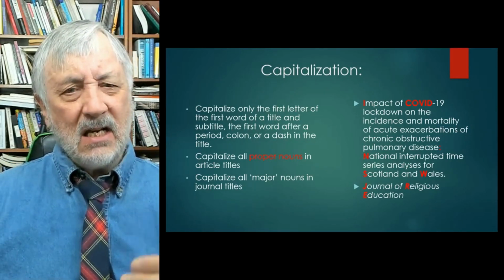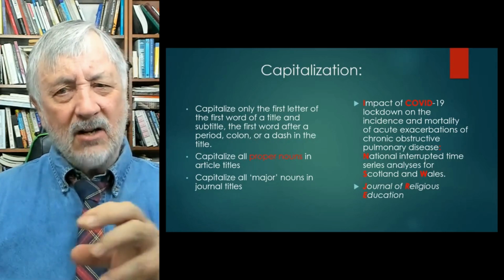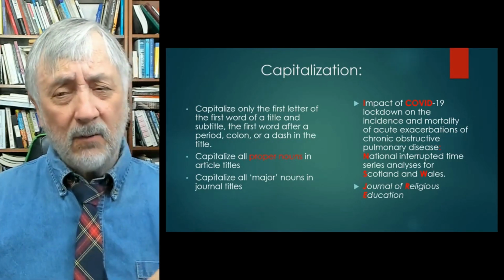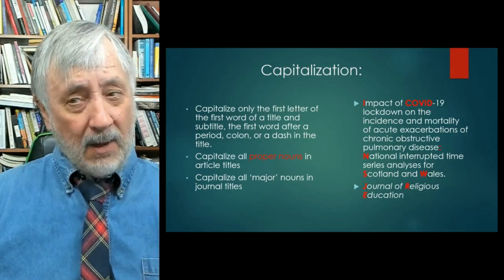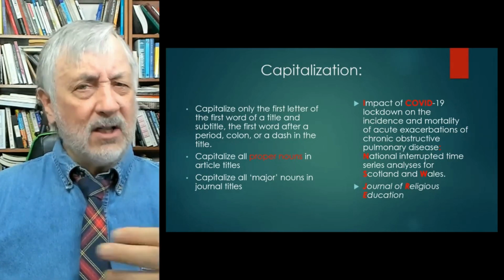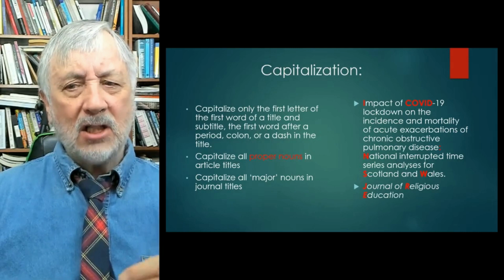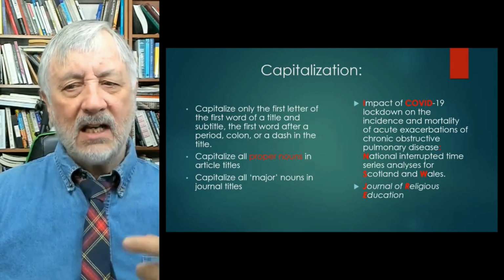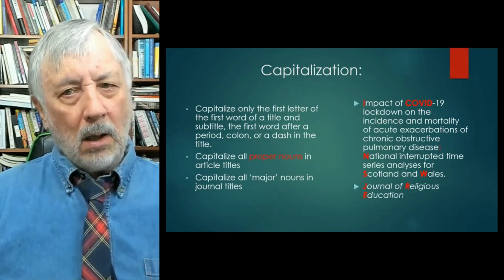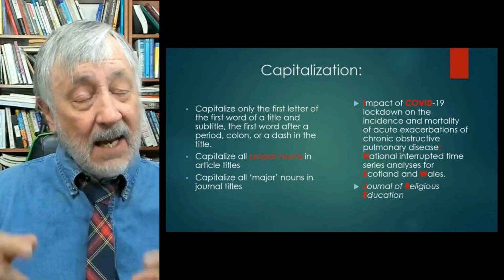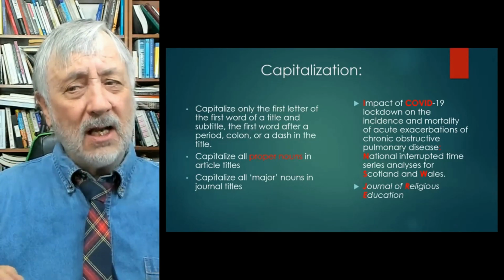And so we see here an example, and I've outlined in red. Now, you don't put them in red in your paper, of course, but Impact would be capitalized. COVID is always capitalized, so that's capitalized. And then lockdown on the incidence and mortality of acute exacerbations of, none of the other words are capitalized, except after a major punctuation, in this case, a colon.